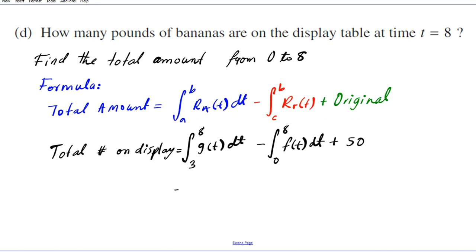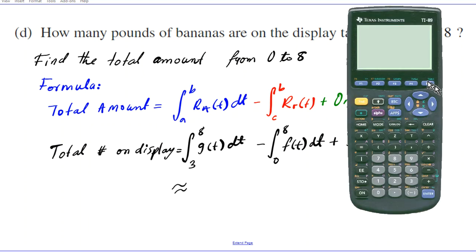Okay, so just enter this expression in our calculators and it will give us the approximate pounds of bananas that were on display at t equals 8. We have everything stored in our calculators already, so it shouldn't be too hard.